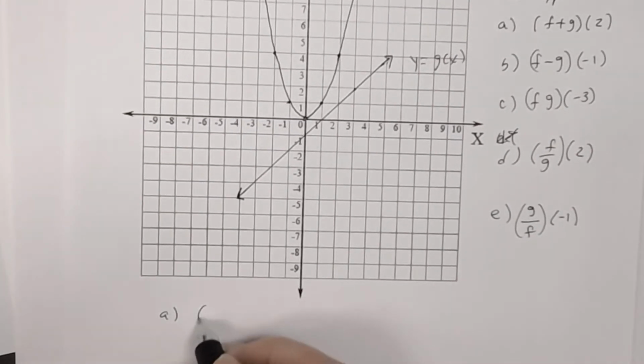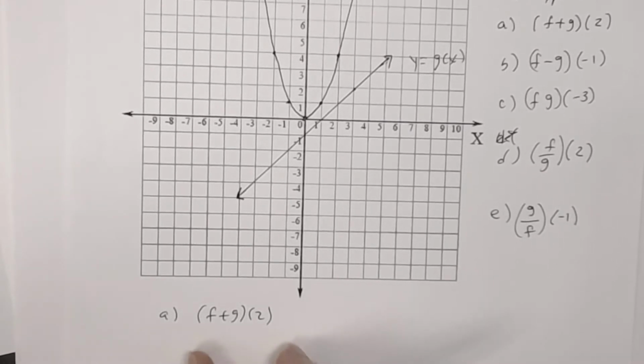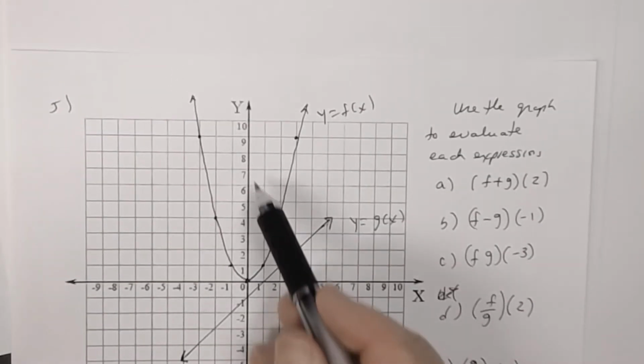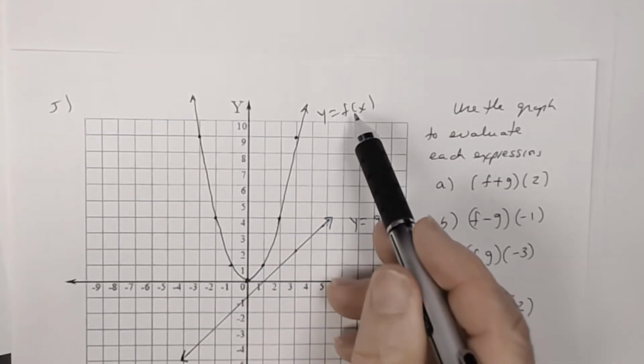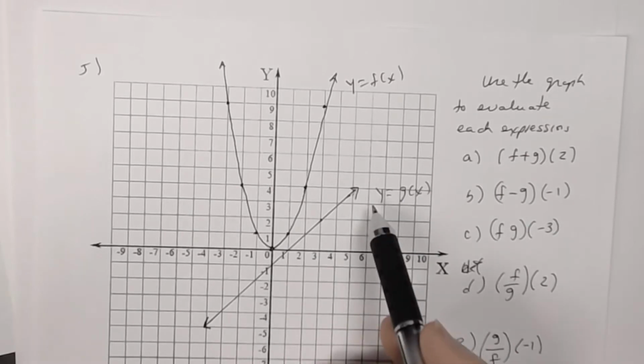Okay, so f plus g at 2. Well, first of all, by definition, that means f of 2 plus g of 2. Now remember, this is f and this is g. In terms of your graphs, this is your function f, see that? And this is your function g.